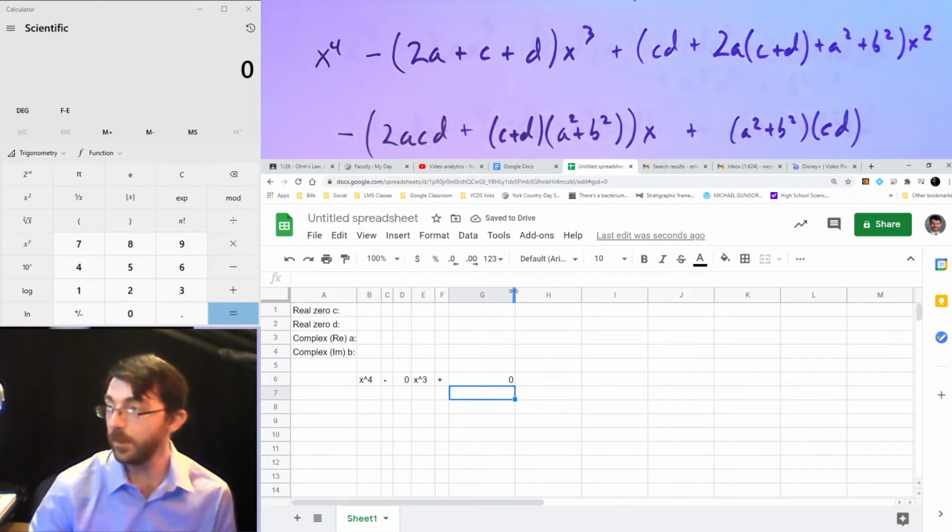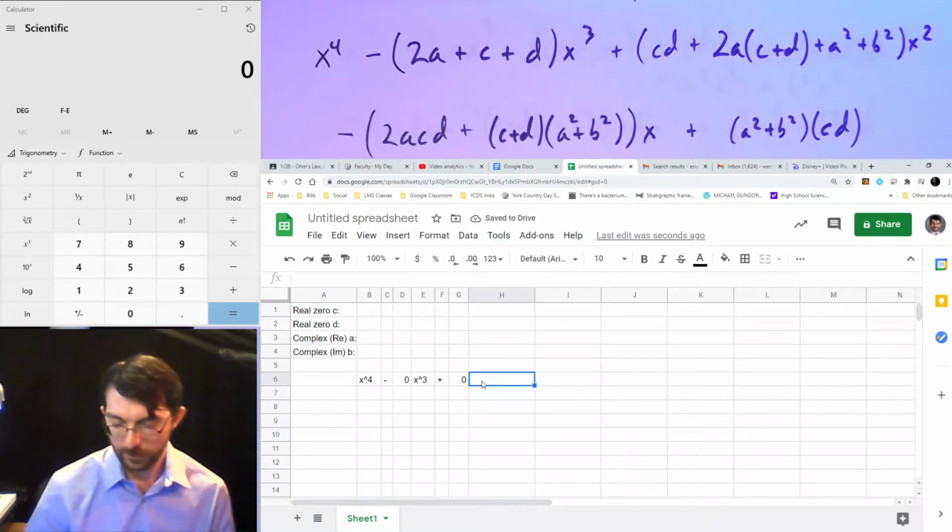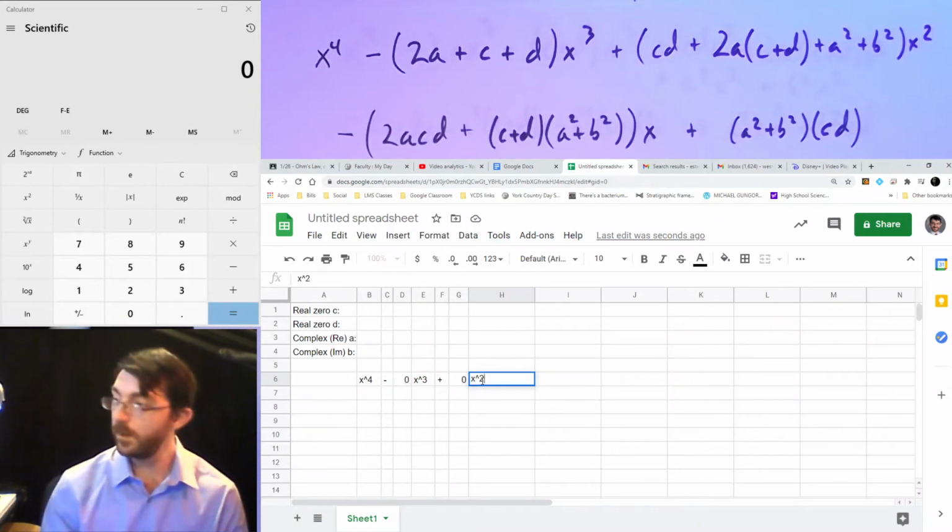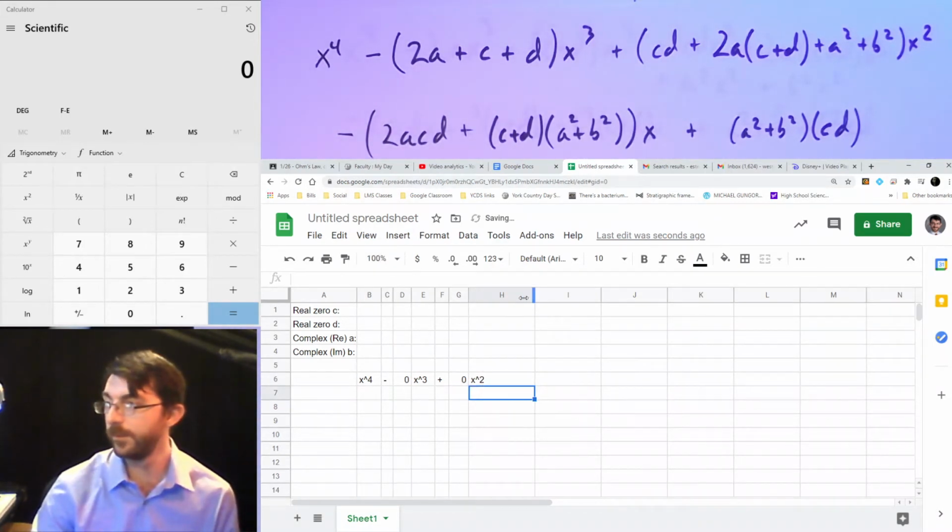Right now it's 0 because there's no numbers in there. And that would be the coefficient of x squared.